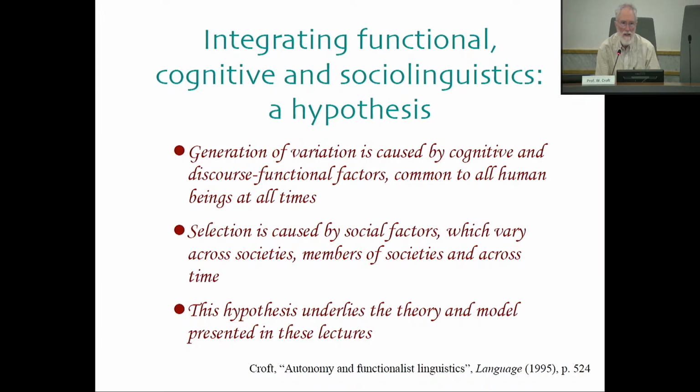It's basically the hypothesis of socio-historical linguistics, going back to the groundbreaking work of Weinreich, Labov, and Herzog in 1968, where they said, as socially oriented linguists looking at language change, they were going to focus on propagation or selection because that's governed by social factors, and they considered the generation of variation to be what they called the riddle of actuation: when does a novel form actually get produced and why?